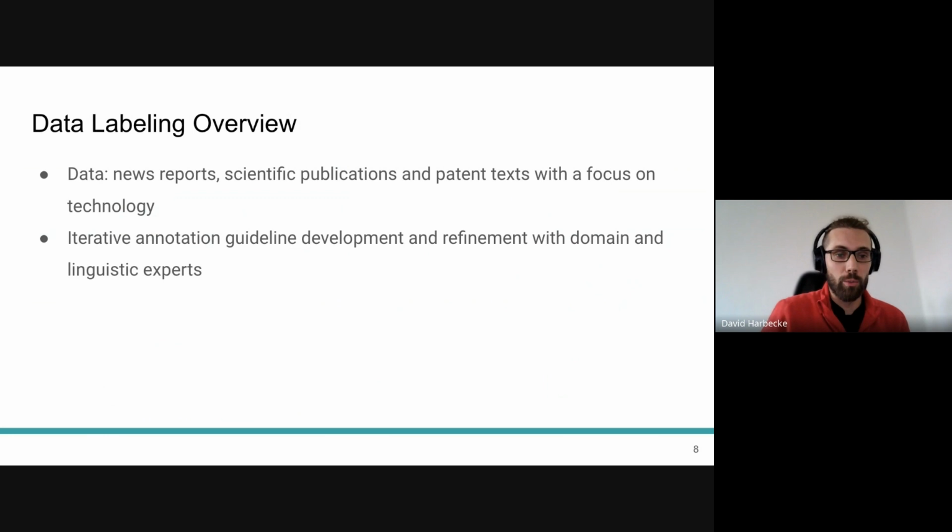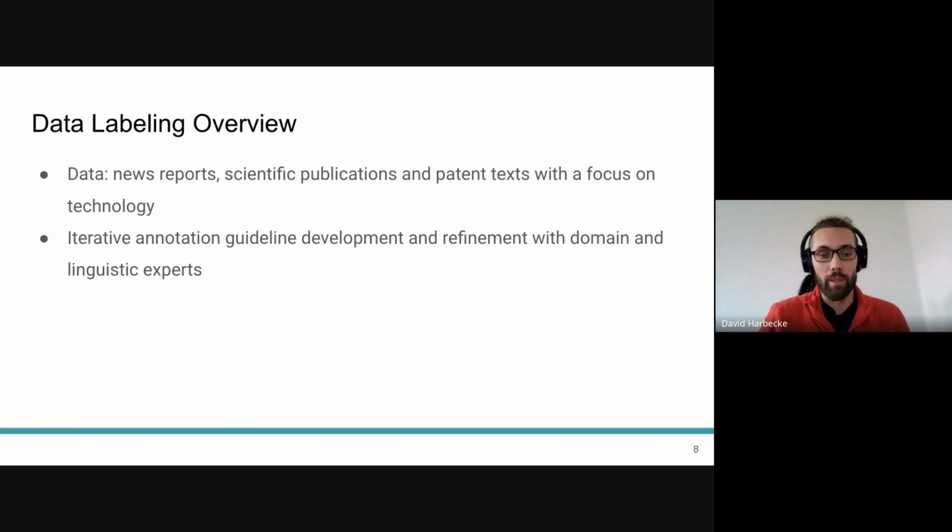So how do we get to the labeled data that we need to train a classifier? We take data from 3 different sources: news reports, scientific publications, and patents. Those are all already filtered or specially selected with a focus on technology.